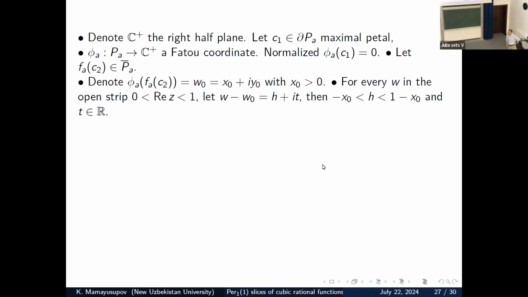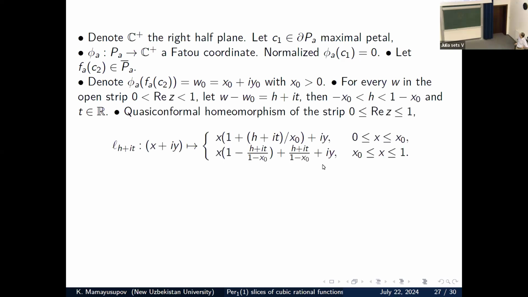Let's call it W0. Now I show you some formulas for the quasi-conformal homeomorphism of this strip. From any point, you can go to another point. So you fix two points. You consider this difference, H and T. By playing with H and T, you can reach any other point. And here is the quasi-conformal map.